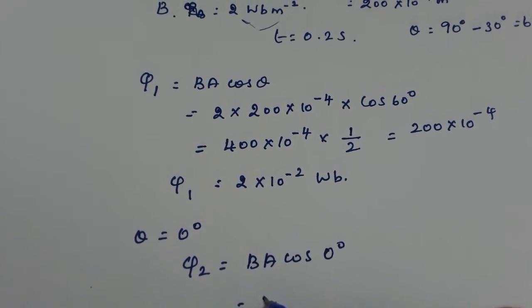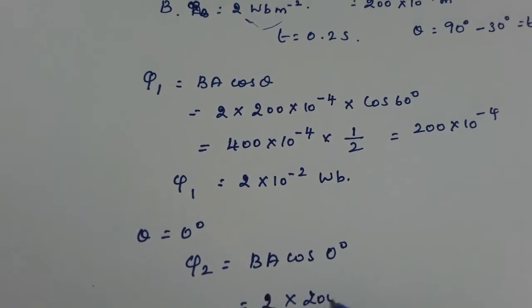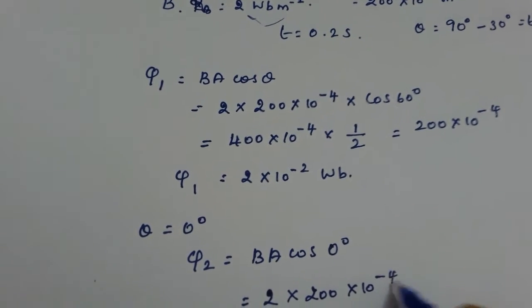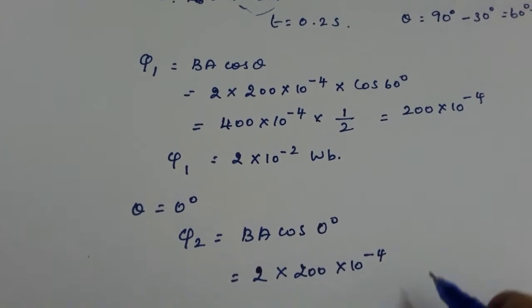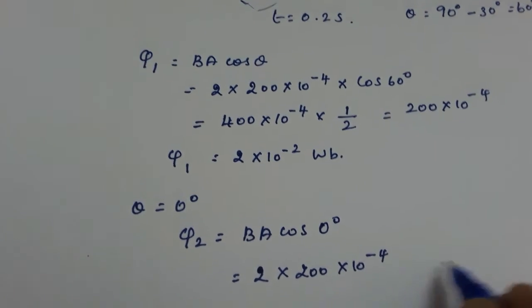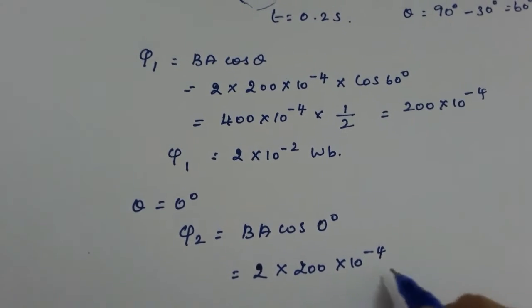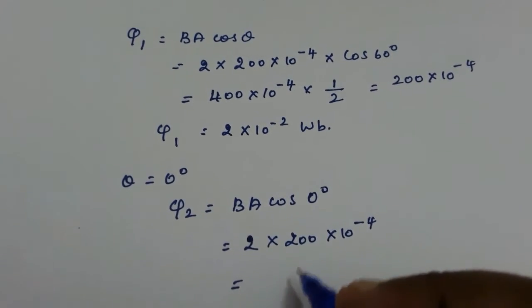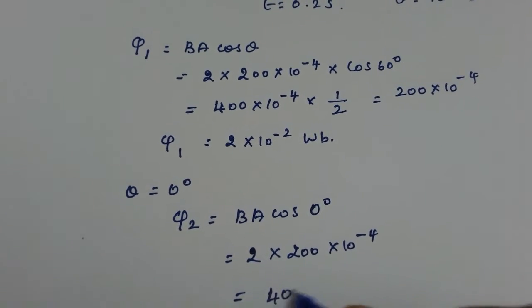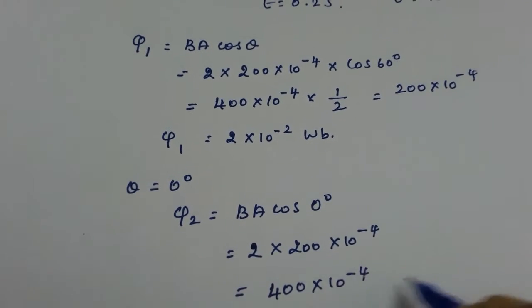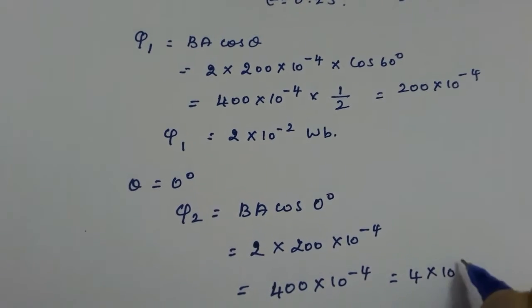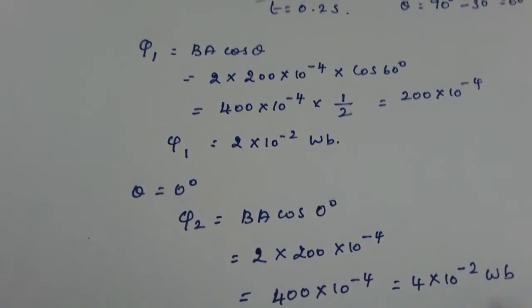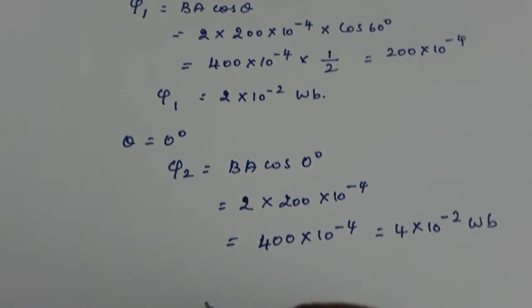B is 2 into 200 into 10 raised to minus 4 into cos 0 degrees. Cos 0 degrees is 1 only. So you can write here 400 into 10 raised to minus 4, that is 4 into 10 raised to minus 2 Weber.